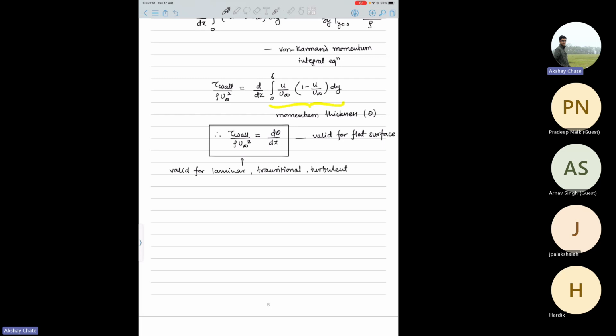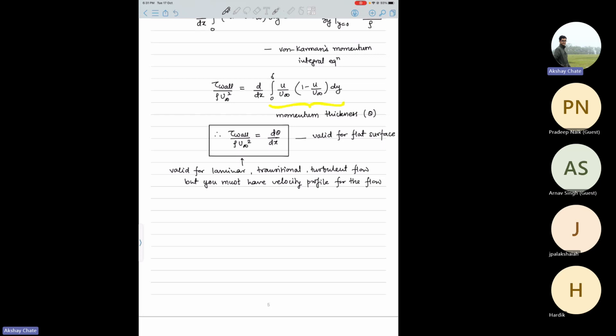Like any type of flow, it is valid because in the derivation, we have just come from the basic, simplified Navier-Stokes equation. It is valid for all types of flows, but you must have the velocity profile for that flow.